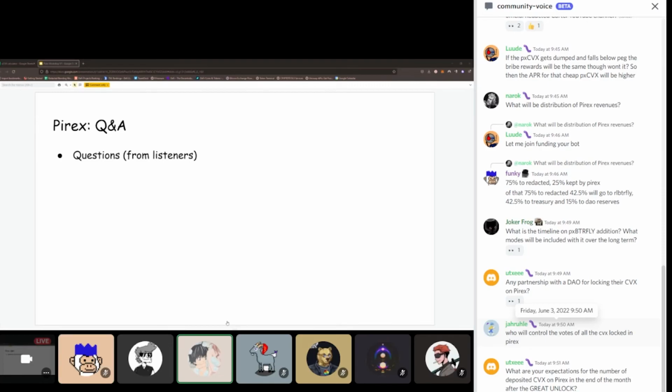We've been discussing why users would lock their CVX with us, and I think if you're a CVX bull and you're planning on locking your CVX when the unlock happens, or whenever any unlock happens, there probably aren't really any reasons not to lock with Pyrex, especially during such a volatile market, with a lot of uncertainty ahead as far as where this is all going to go.